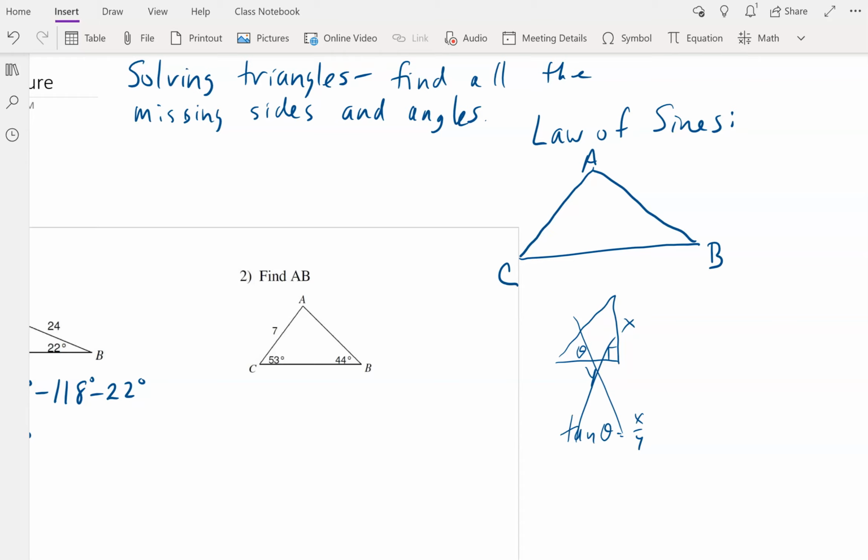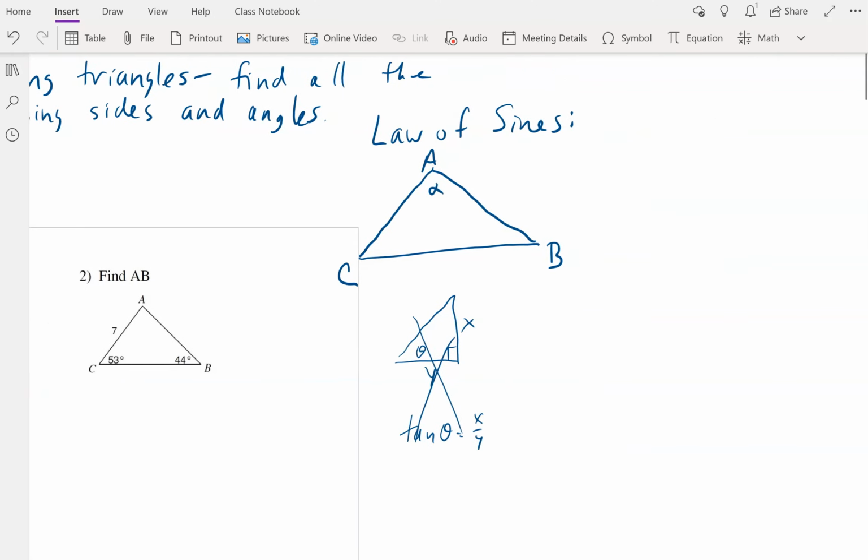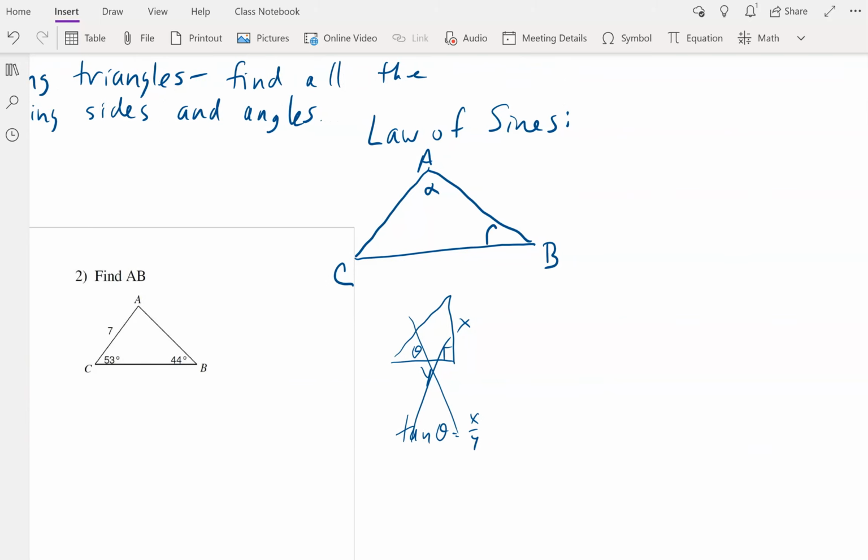So if I have A, B, and C, usually, I know this particular worksheet that I'm using here doesn't, but usually you'll see the A referred to as alpha, so I don't have to write measure of angle A every single time. You'll see the B referred to as beta, and you'll see the C referred to as gamma.